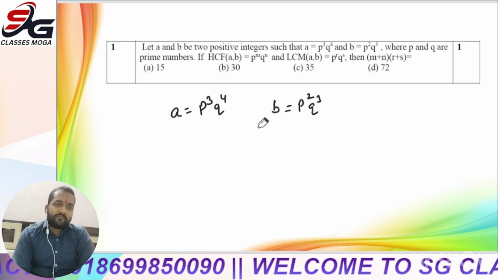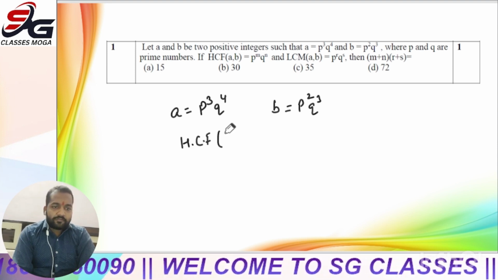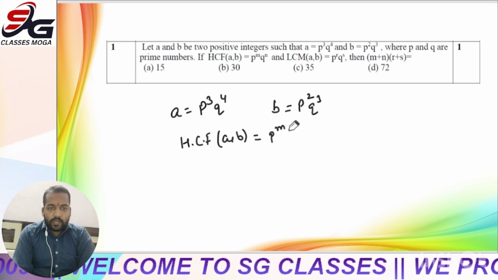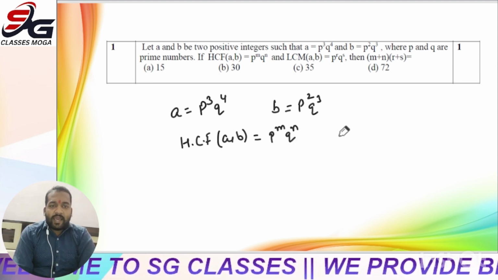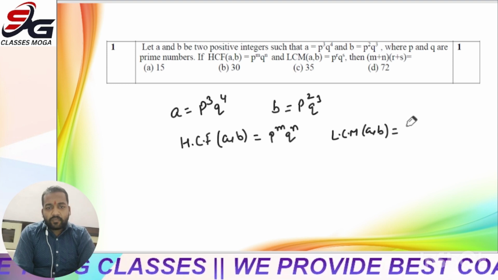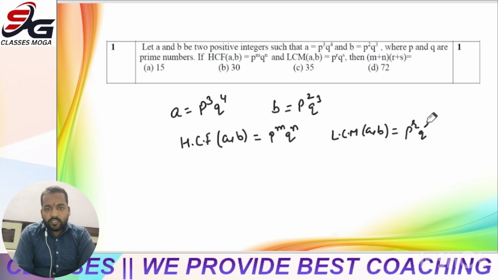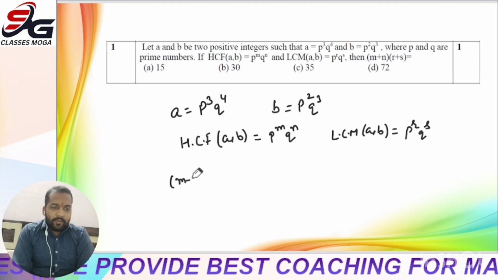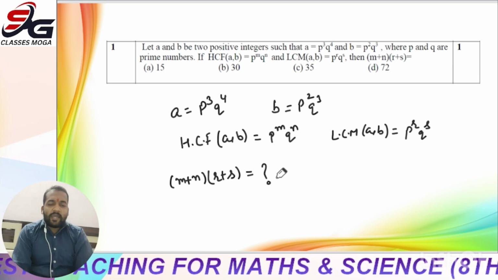If the HCF of A and B is given as P raised to power M and Q raised to power N, and the LCM of A and B is given as P raised to power R into Q raised to power S, then you have to find M plus N into R plus S. So this we have to find.